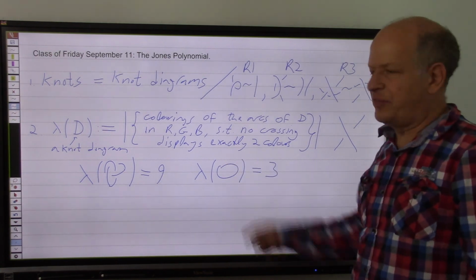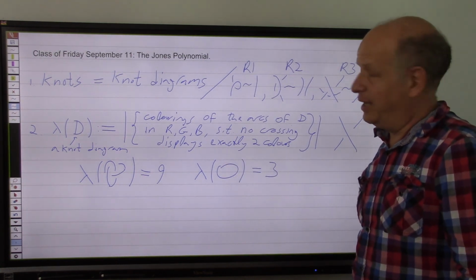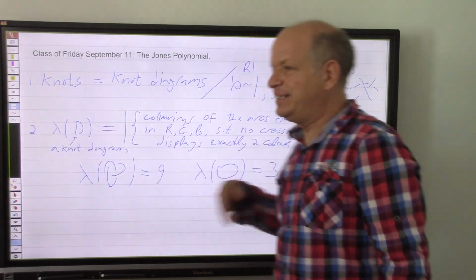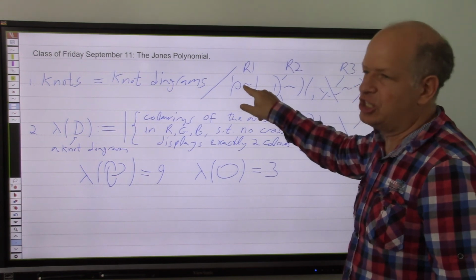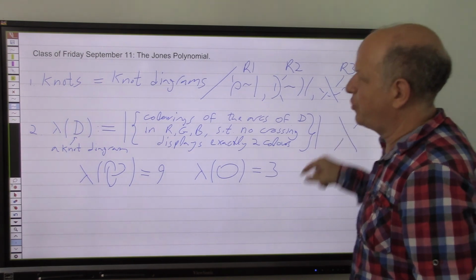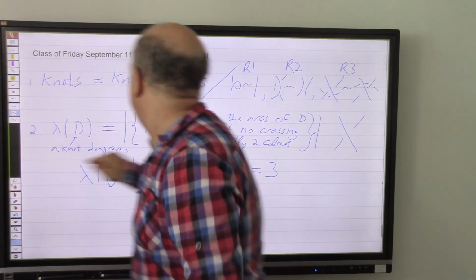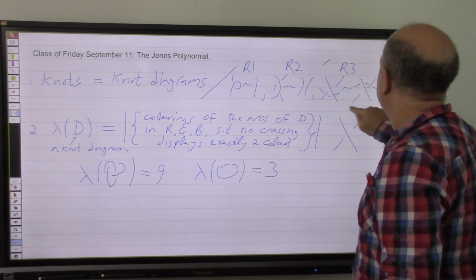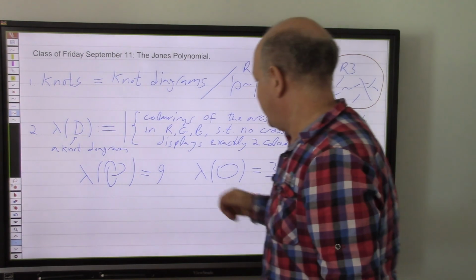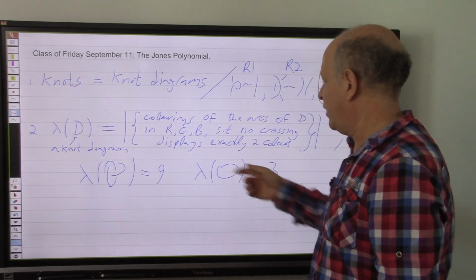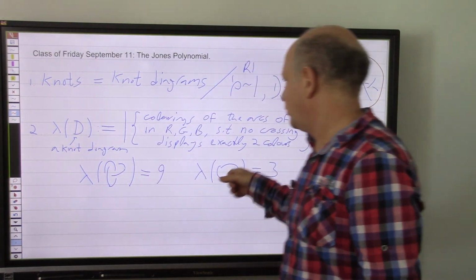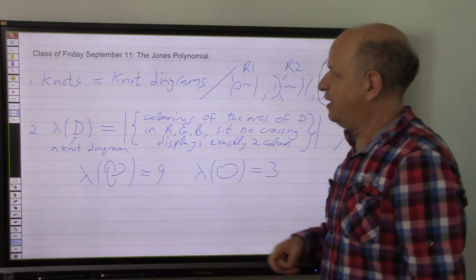Since 9 and 3 are not the same number, and since we have shown that lambda is invariant, so it doesn't change under Reidemeister 1 move and Reidemeister 2 move, and Reidemeister 3 move, actually, we didn't show it, so it's an excellent exercise for you. But anyway, since lambda is an invariant, and since 9 is not equal to 3, it follows that the trefoil is not the same as the unknot.